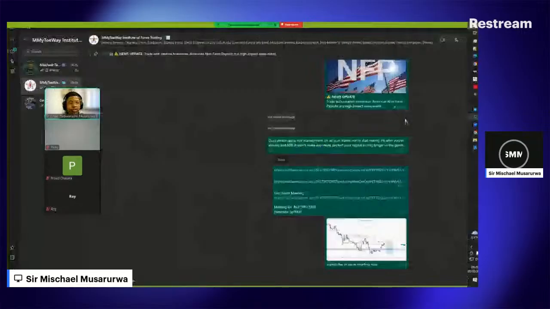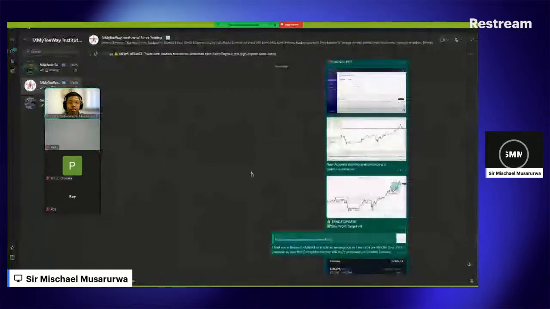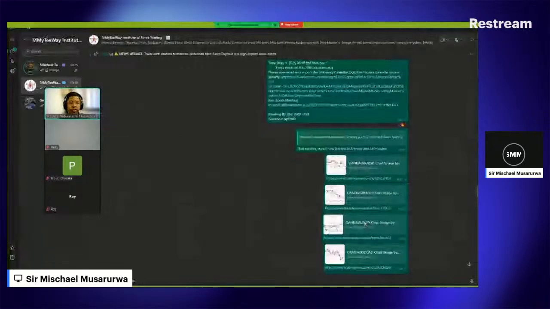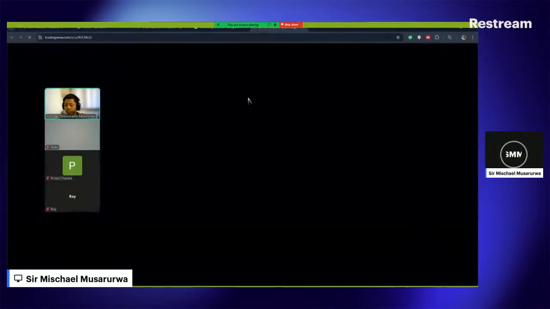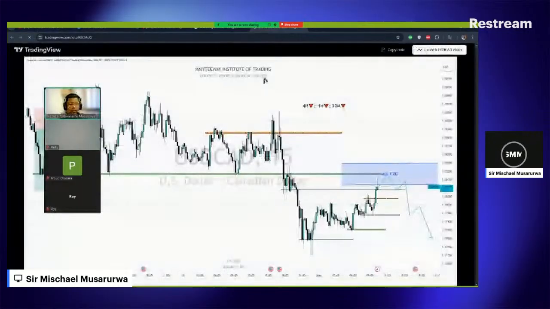Let's just open on this. Yeah, it was a 4 hour fair value gap. So we're retesting a 4 hour fair value gap right here.